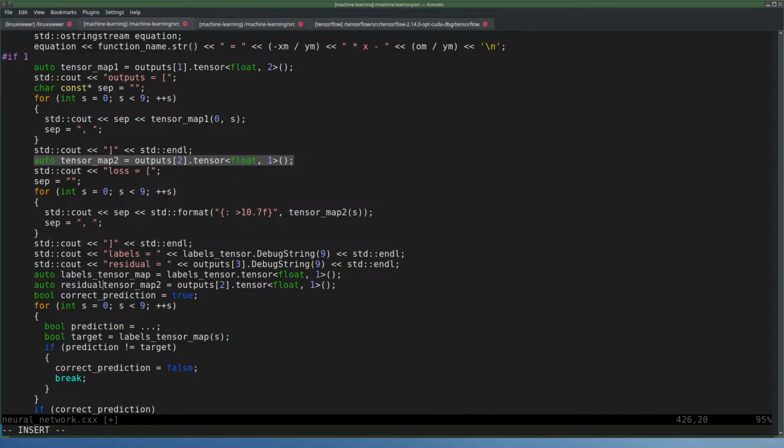Residual, that's the difference between the prediction and the target. And I saw that if this is 1, then that one's less than 0. Whatever.